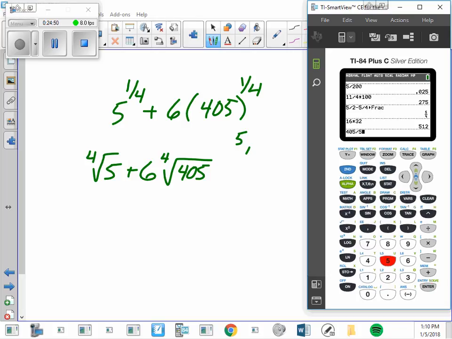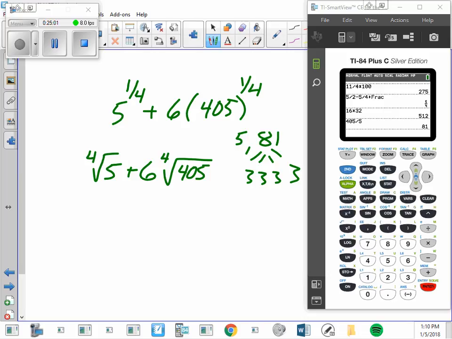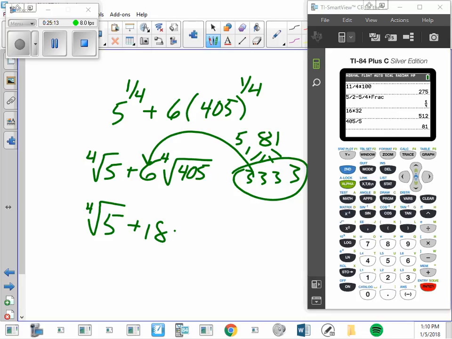Wait, yes I do. 81. Got it. And 81 is just 3, 3, 3, 3. Can I bring anything out? Set of 3's. So the 4th root of 5 plus 18, because those multiply by the 6, times the 4th root of the leftover, which is right here, 5. So I have the 4th root of 5 plus 18 times the 4th root of 5, which turns into 19 times the 4th root.